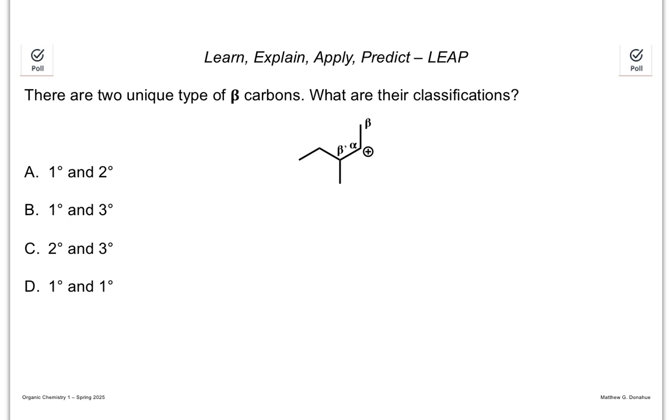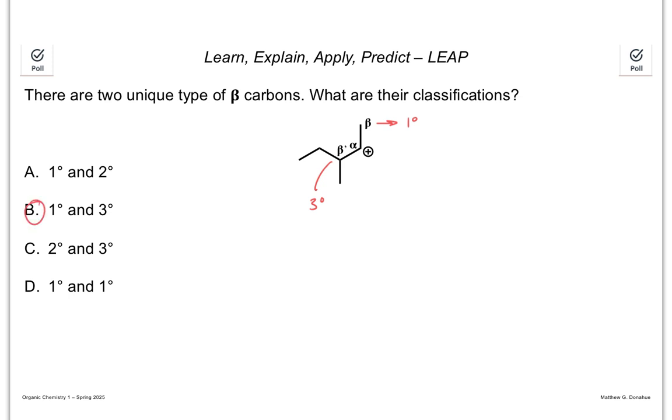So of the 2 unique beta carbons, what are their classifications? So that one is primary. That one is tertiary. And you figure that out by just looking at the number of carbons bonded to each of them.